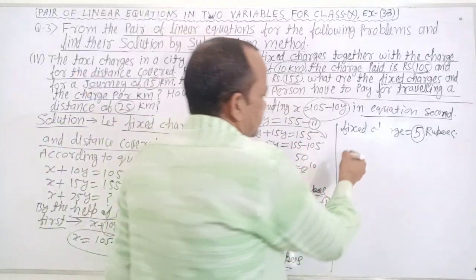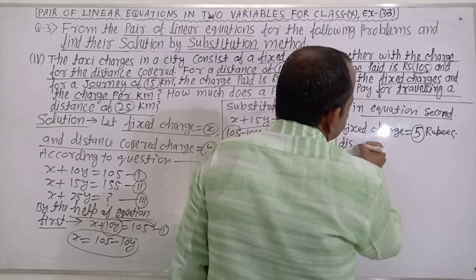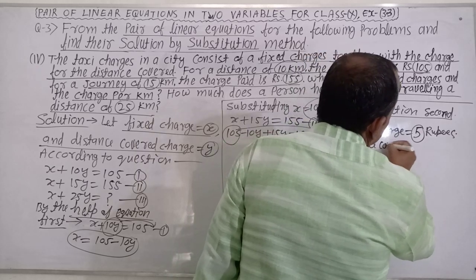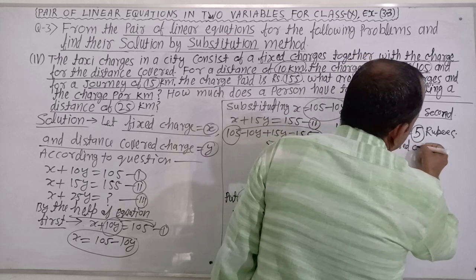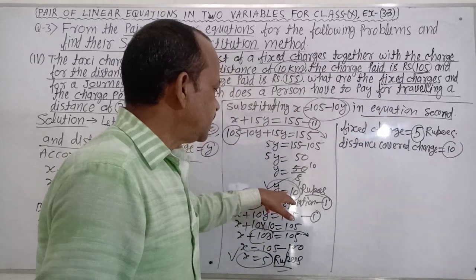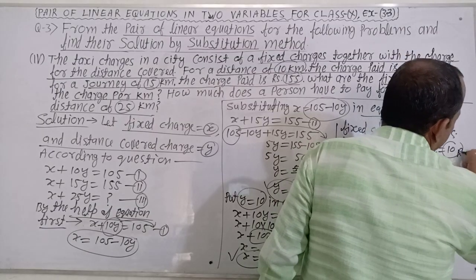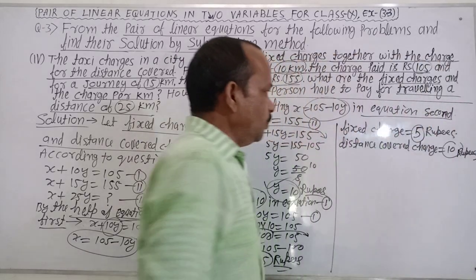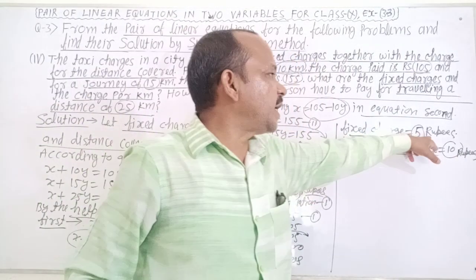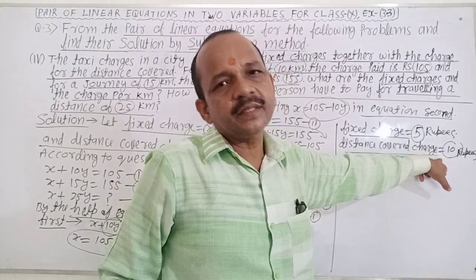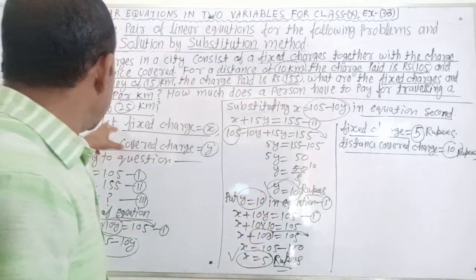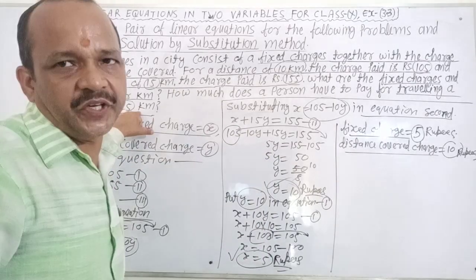Distance covered charges equal to 10 rupees. You find fixed charge is 5 rupees and distance covered charge 10 rupees. Now you find total charges of distance covered 25 km.